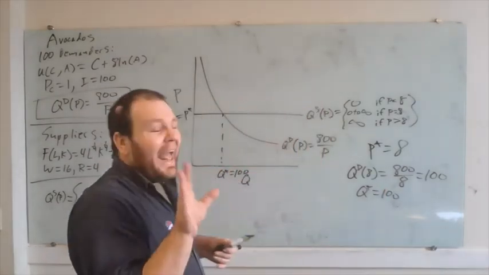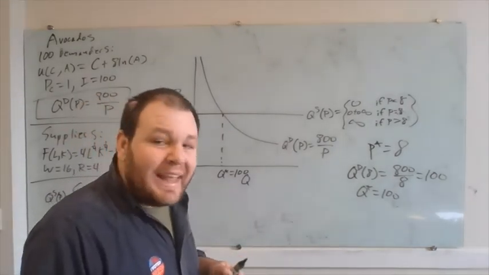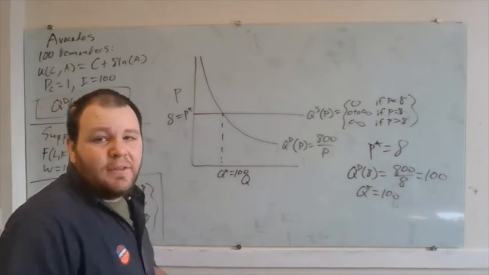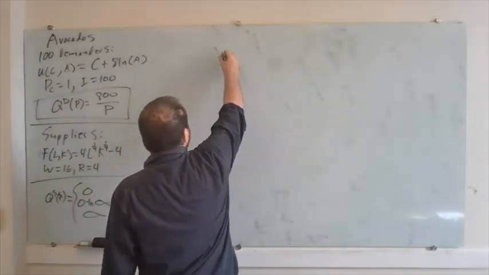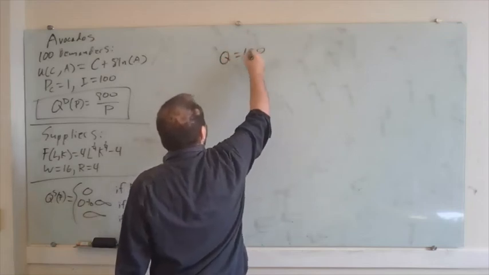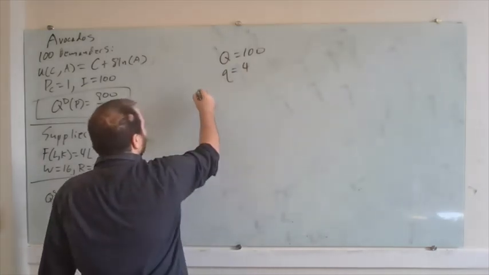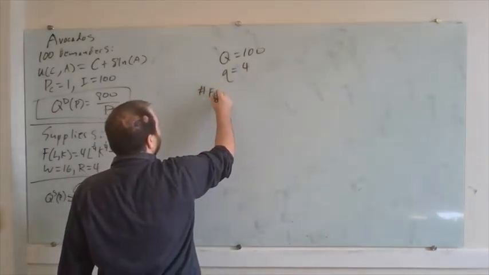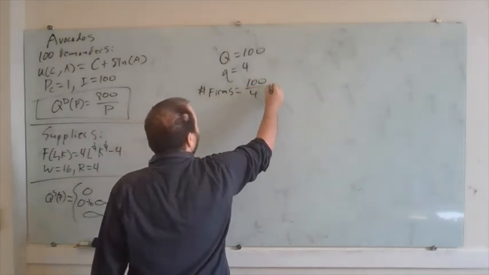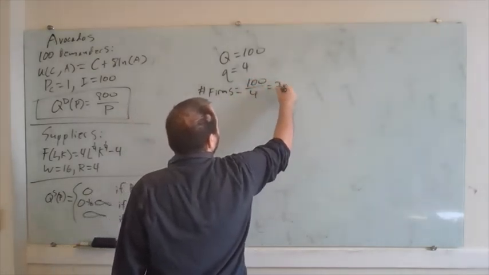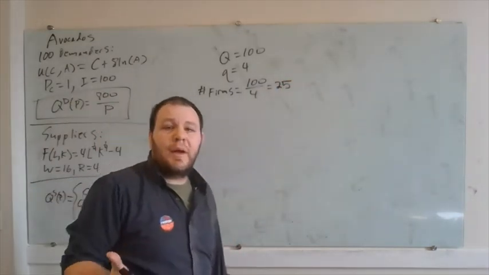There's just a couple things I want to add to this, just for fun, because we can get some more information from what we did solving our supplier's function. So the last thing I want to do is we know that Q is going to equal 100, and we know that little q, the output for each firm, is going to be 4. So therefore we're going to have 100 over 4 equals 25 farms in operation, farms growing avocados.